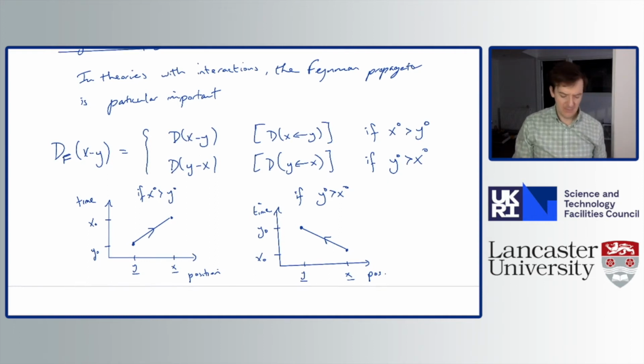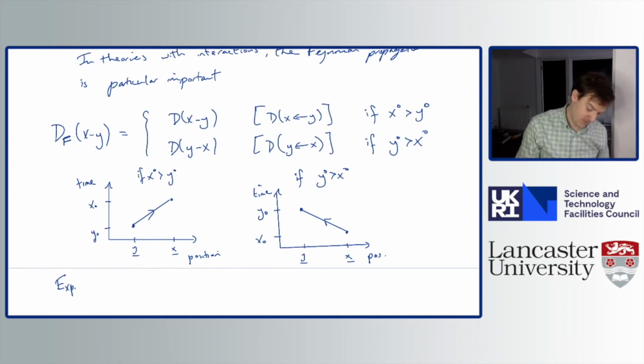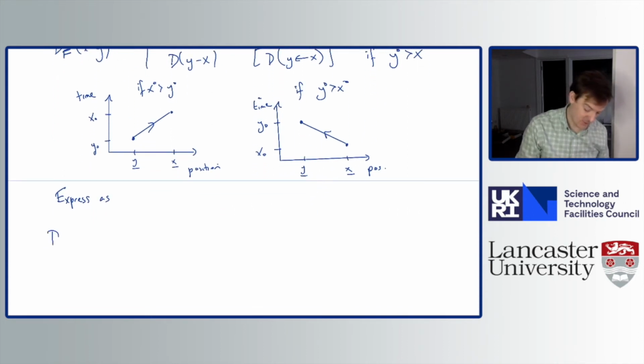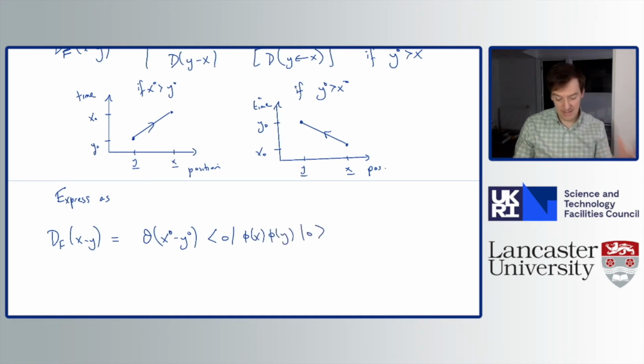There's another way we can express this. We can express it using Heaviside functions. We could express it as theta(x0 minus y0) times D(x minus y), plus theta(y0 minus x0) times D. This time we swap the orders.